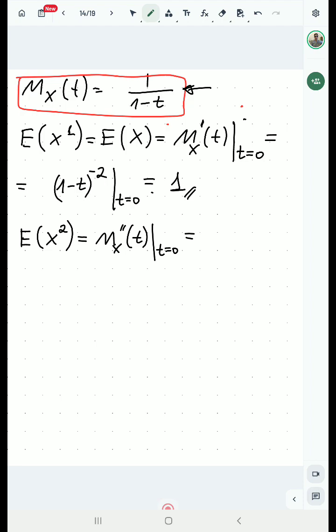If you take the second derivative, it is going to be equal to minus 2 times 1 minus t to power minus 3 times minus 1, right? And you have to evaluate it at t equals 0 again. So if you simplify, you're going to receive 2 times 1 minus 0 to power minus 3. We set t equal to 0, right? So that is going to give you 2. And that is the second raw moment.